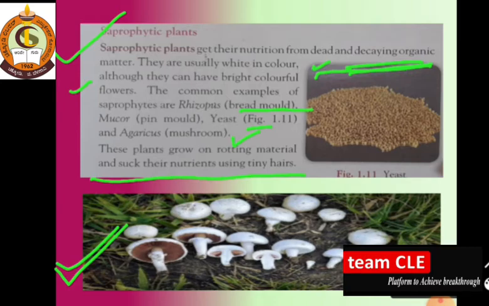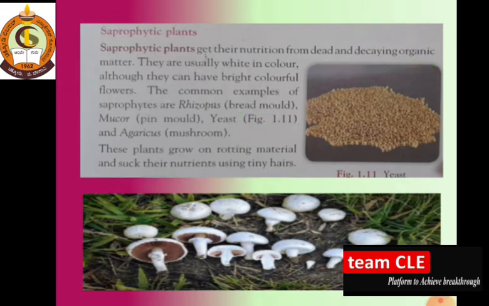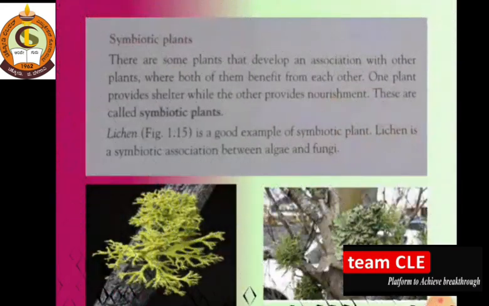Okay, so dear students, now let's start with the next nutrition, that is the symbiotic plants. Here, when we are talking about the symbiotic plants, you can see the image on the screen. Usually on the trees and some of the plants, there are extra plants on their surface.